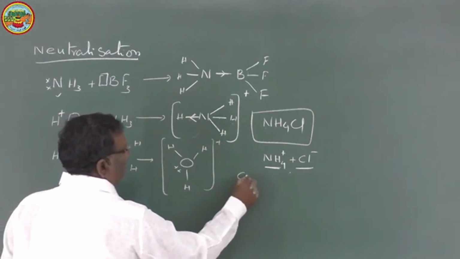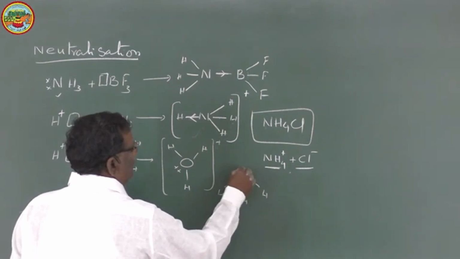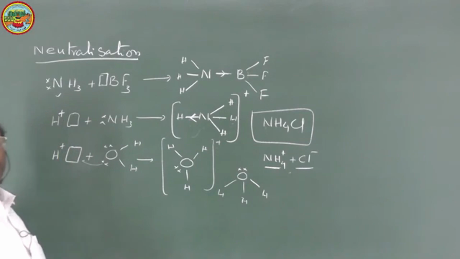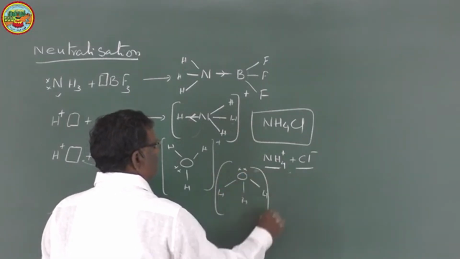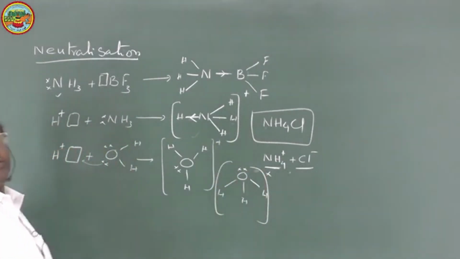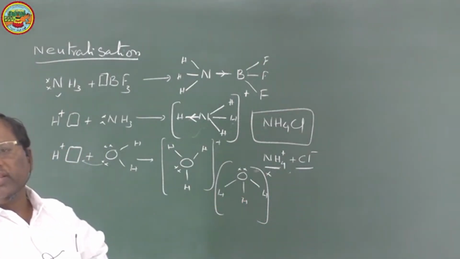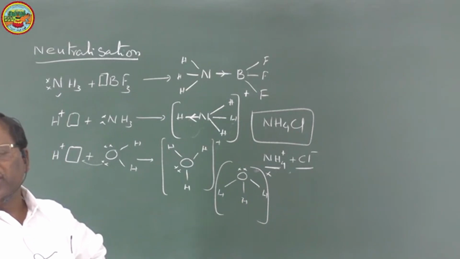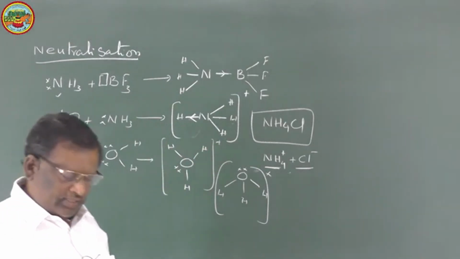H3O plus is pyramidal in shape, just like NH3, because it has one lone pair of electrons along with the positive charge. So the formation of the H3O plus ion is another example of a neutralization reaction, between H plus ion and H2O. So this is regarding neutralization.